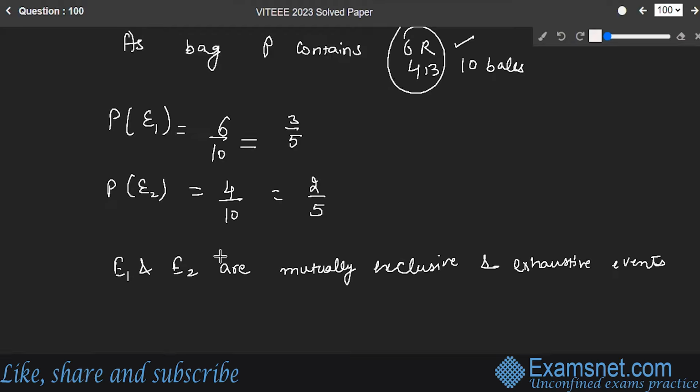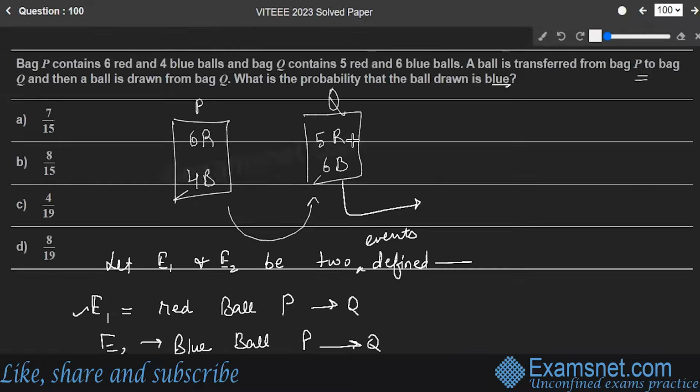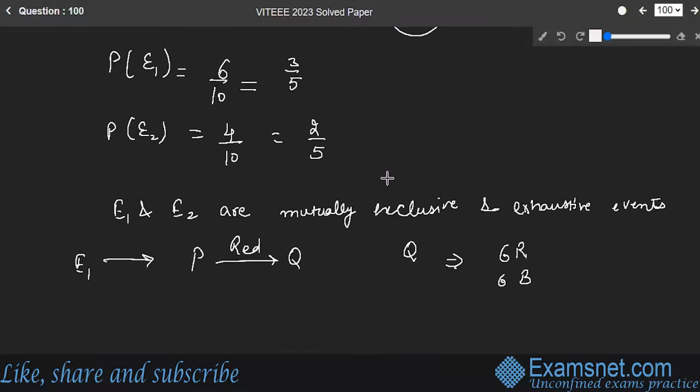When E1 has occurred, that is a red ball is transferred from bag P to Q, what will the bag Q contain now? Bag Q will contain 6 red and 6 blue balls, right? Initially it had 5 red and 6 blue. So when a red ball is transferred from P to Q, now the bag Q will have 6 red and 6 blue balls.